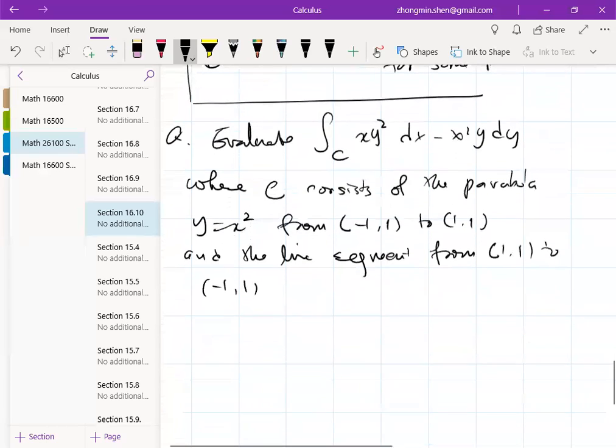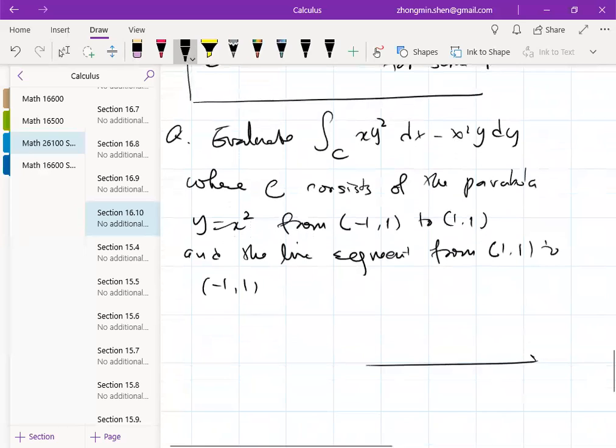We're going to draw the picture here. This is in two dimensions, x-axis and y-axis. So (-1, 1) is here, and (1, 1) is here. This is a parabola, and then the line segment from (1, 1) to this point. So this is a closed curve.